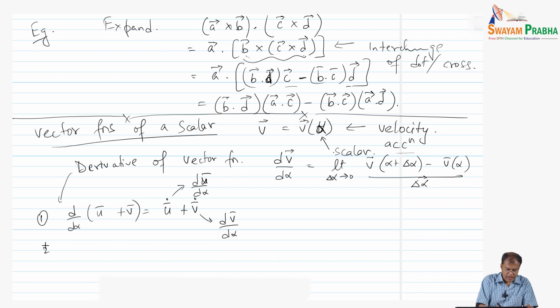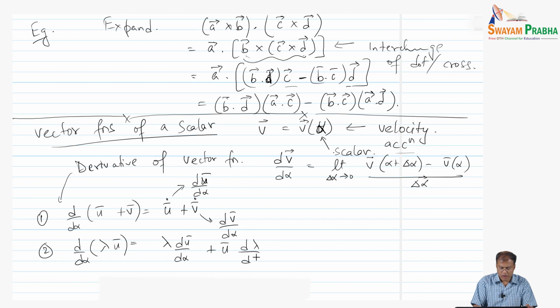And similarly, the next property is the derivative of lambda u, which is going to be lambda times the derivative of u with respect to alpha plus u times the derivative of lambda with respect to alpha, because we need to differentiate the scalar as well.